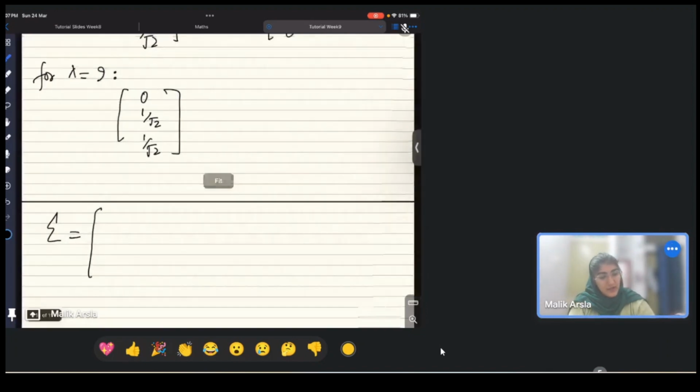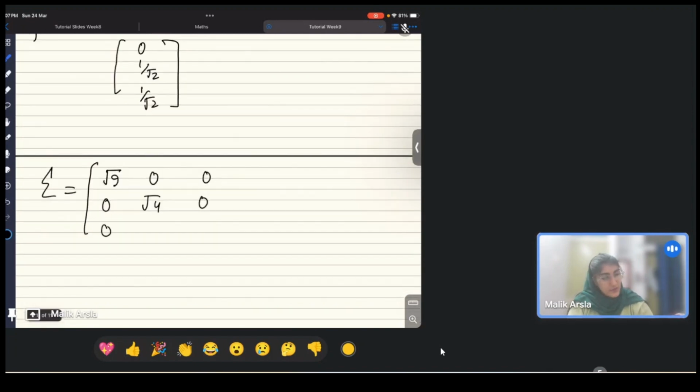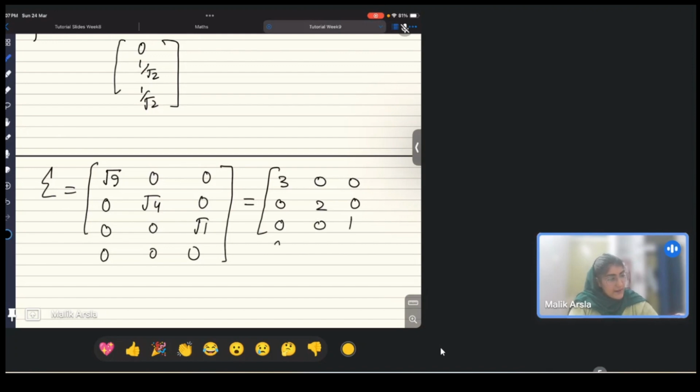So here it will be under root of 9, 0, 0, then 0, under root of 4, 0, then 0, 0, under root of 1 and 0, 0, 0. So your sigma will be 3, 0, 0, 0, 2, 0, 0, 0, 1 and 0, 0, 0. This will be your sigma.